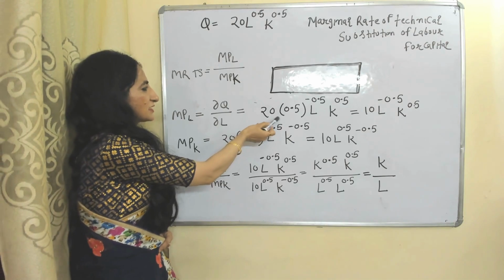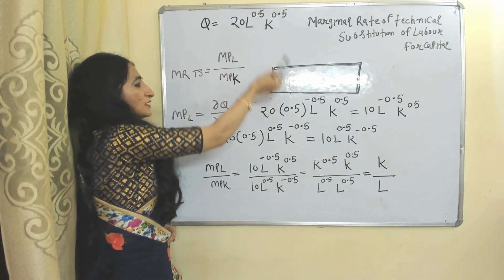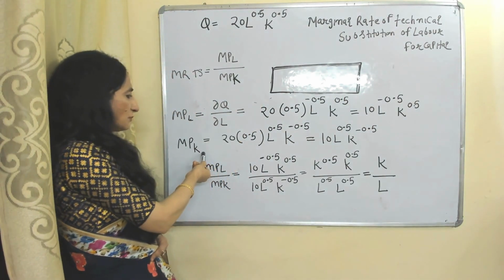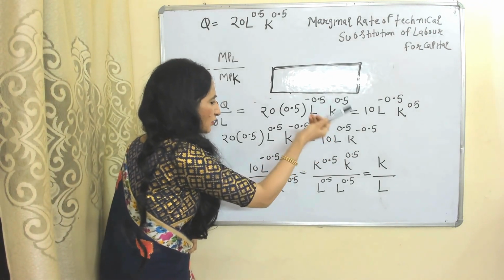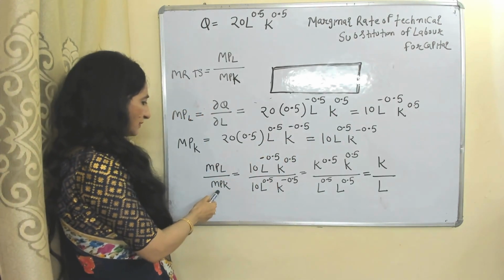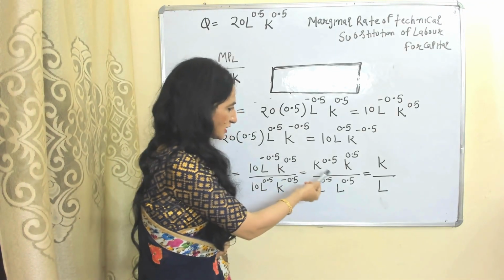When we do the partial derivative with respect to labor, this power will come down and reduce by 1 and it will become equal to this. And when we do the partial derivative with respect to K, then it will become equal to this. In place of MPL we will put this, and in place of MPK we will put this, and when we solve this it will become equal to this.